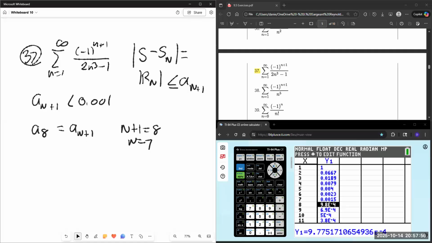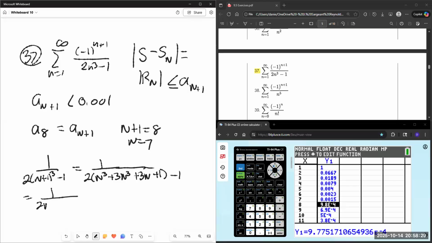Let me show it to you with some other math here. So a sub N plus 1, if I would stick this in, would be 1 over 2 times (n plus 1) cubed minus 1, which is going to be equal to 1 over 2 times (n cubed plus 3n squared plus 3n plus 1) minus 1, which is equal to 1 over 2n cubed plus 6n squared plus 6n plus 2 minus 1, which is equal to 1 over 2n cubed plus 6n squared plus 6n plus 1.